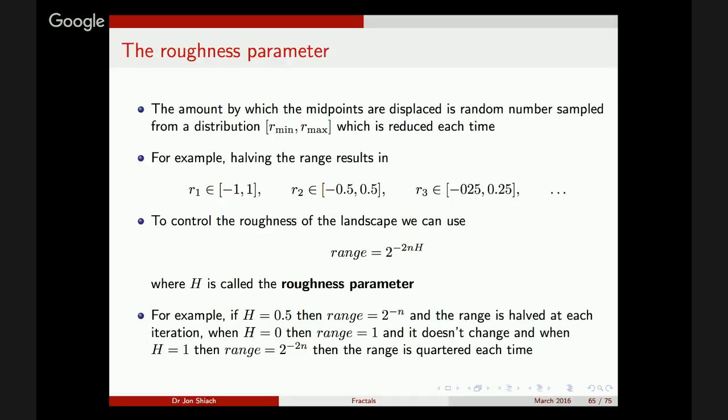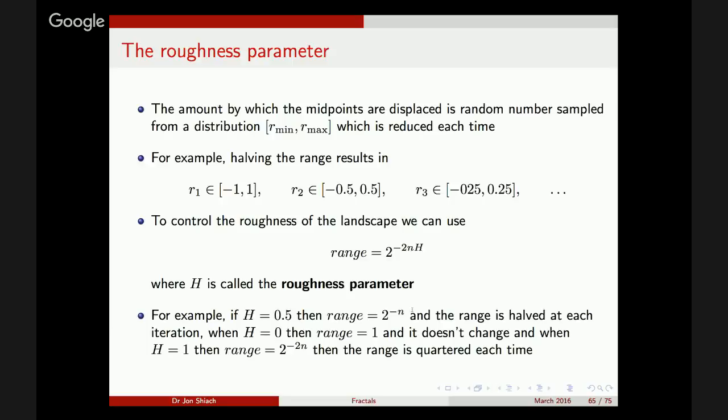So for example, if H is 1/2, -2nh would just be -n. And so you're halving the range each time. If H is 0, then we've got 2 to the power 0, which is 1. So we're not changing the range at all.